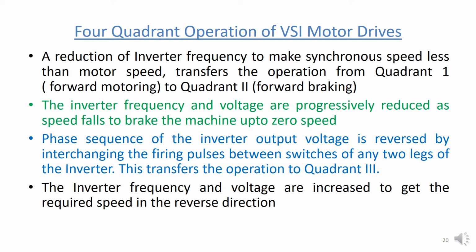The phase sequence of the inverter output voltage is reversed by interchanging the firing pulses between switches of any two legs of the inverter. This transfers the operation to the third quadrant. The inverter frequency and the voltage are increased to get the required speed in the reverse direction.